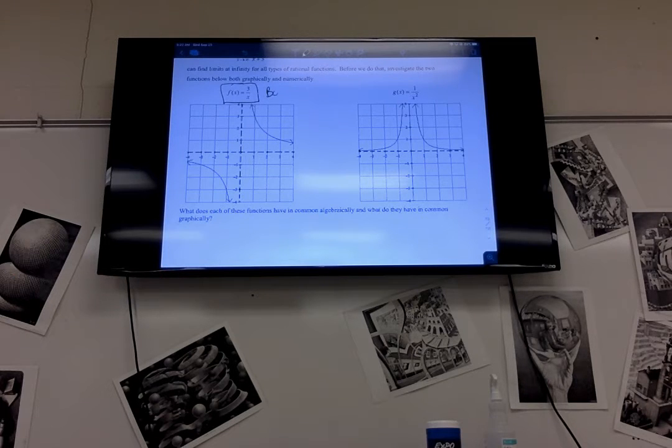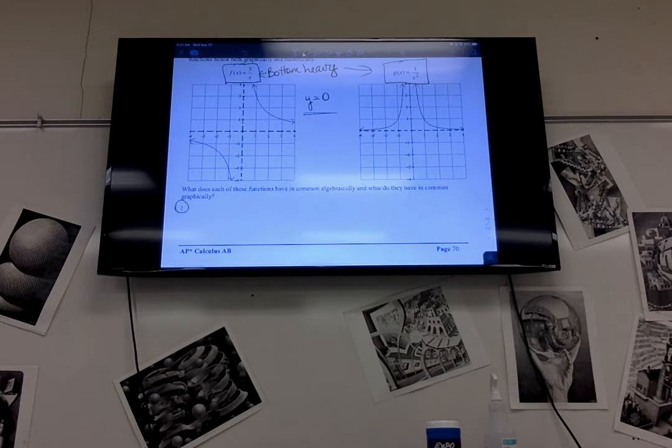There's only a variable on the bottom, so it is bottom heavy. So the horizontal asymptote is at 0. What about g of x? That's also bottom heavy. So again, the asymptote is at 0.